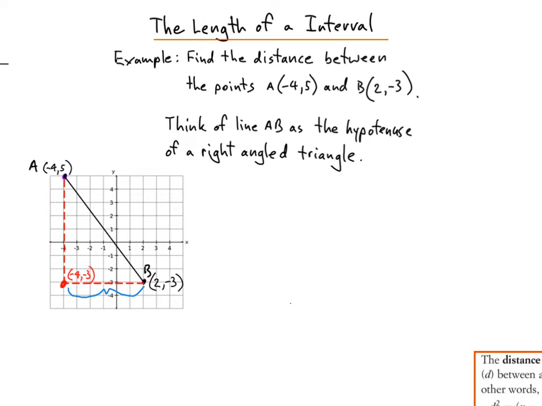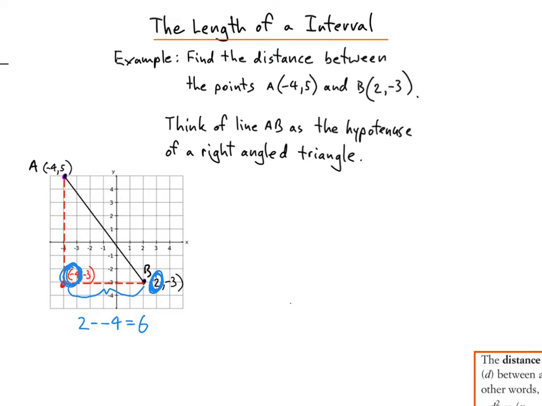Another way of thinking about how long it is, is to say, what's 2 along this x-axis? What's 2 take away -4? 2 take away -4. Well, that's how we get a 6, right? We got the large value and we subtracted the lower value, and that's what we've got.